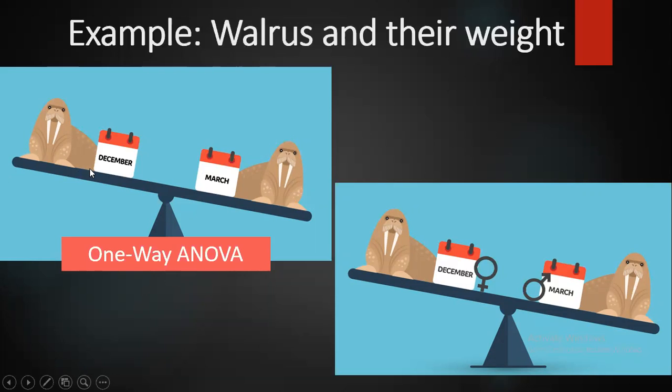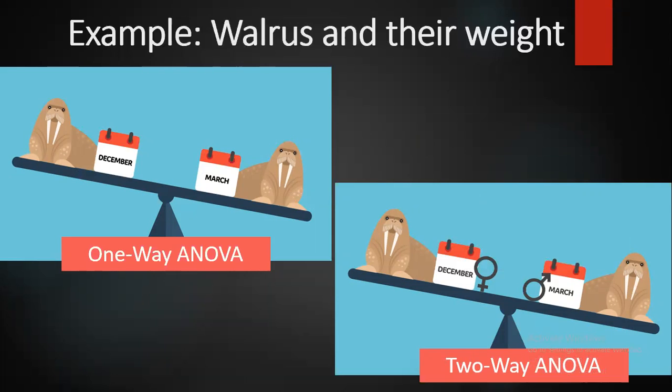But in the second case, two-way ANOVA, the adventurous researchers want to know whether the mating season for these walruses is different or the same in all the months, and whether it depends on gender or not. So here two independent variables come into consideration, gender and month.